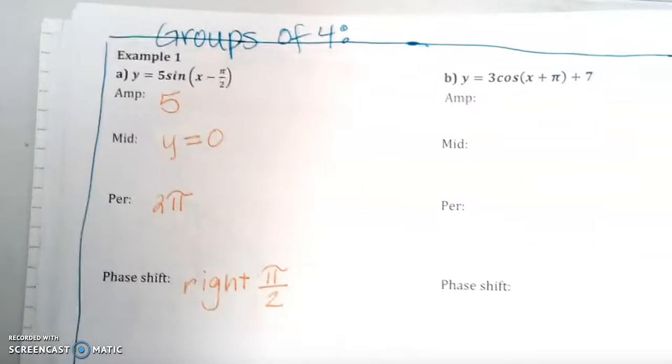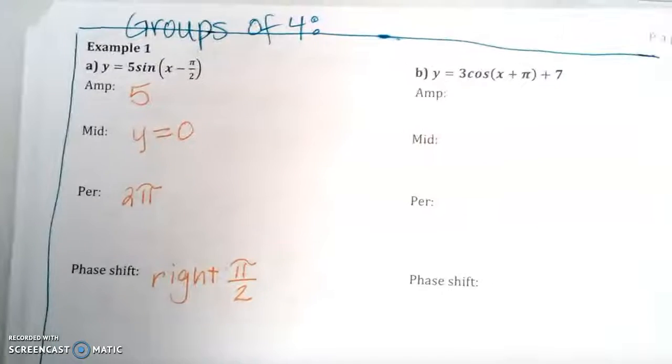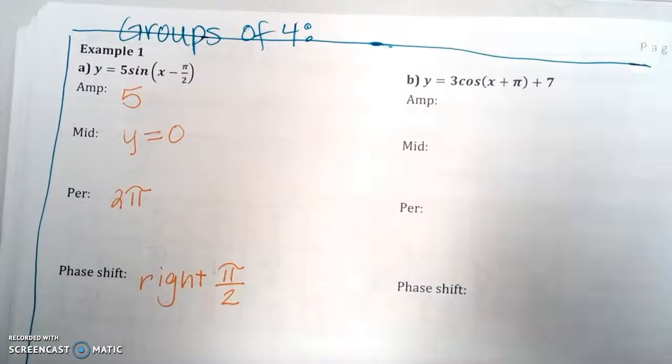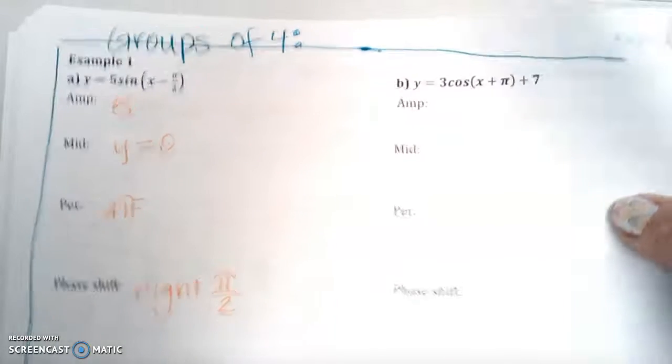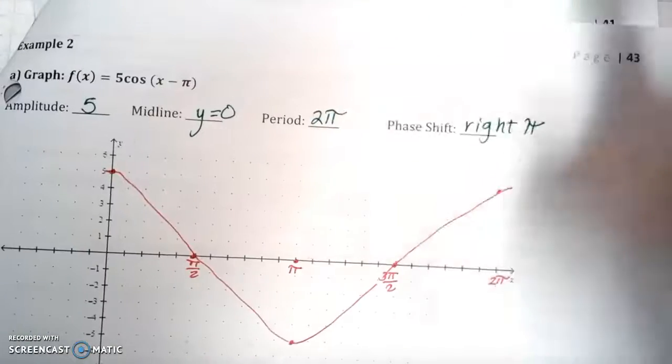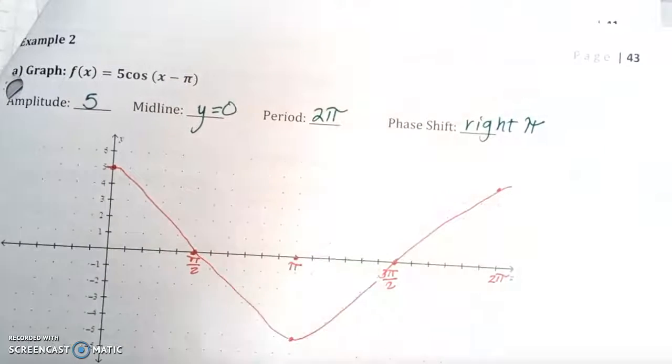Okay. You're going to look in your groups for B, C, and D. All right, flip over to page 43. Page 43, they just want us to graph 2 of them.